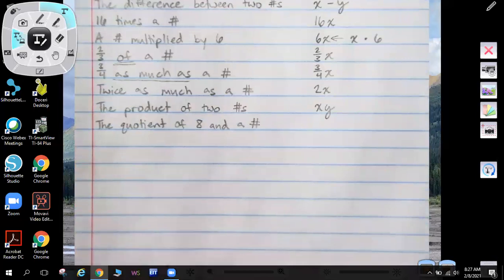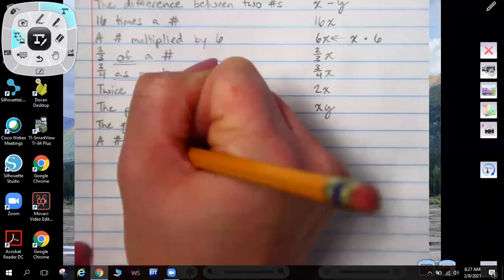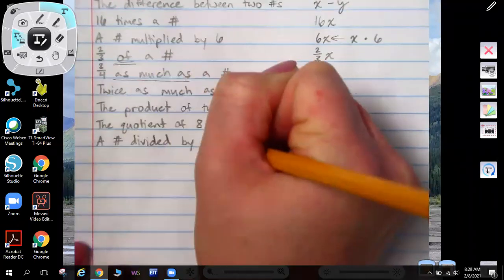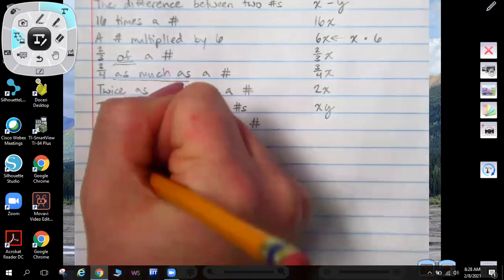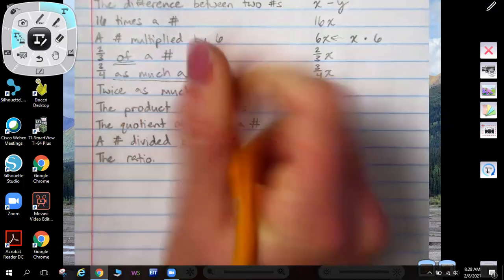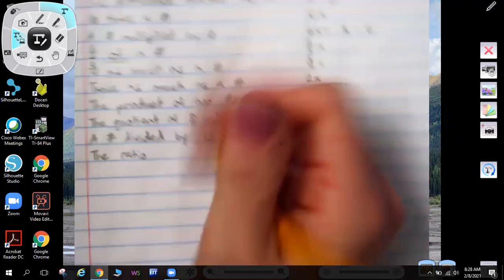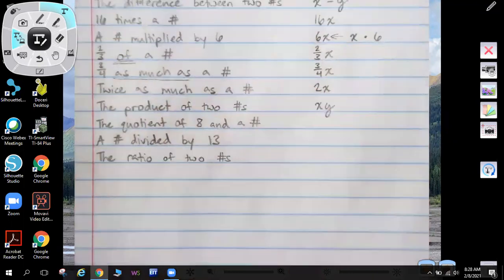A number divided by 13. And the last one, the ratio of two numbers.